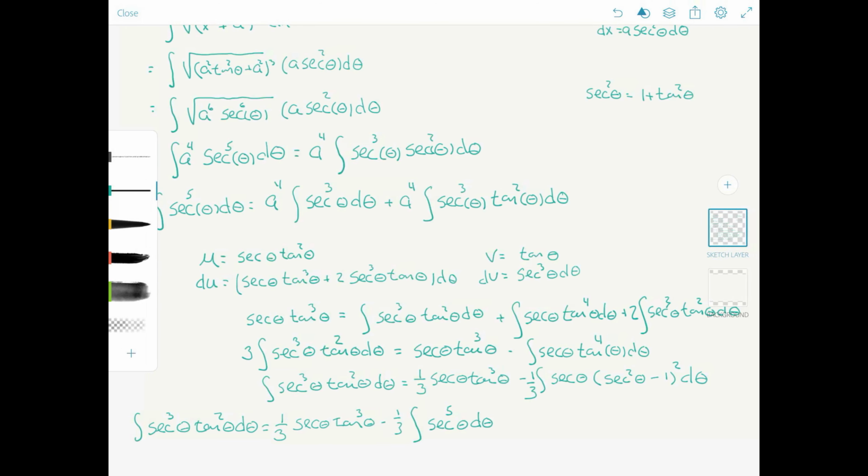You know that secant squared theta minus 1 squared is secant to the fourth minus 2 secant theta squared plus 1. And that's all multiplied by secant theta. That's what we're doing in this step, and we're showing the full expansion.